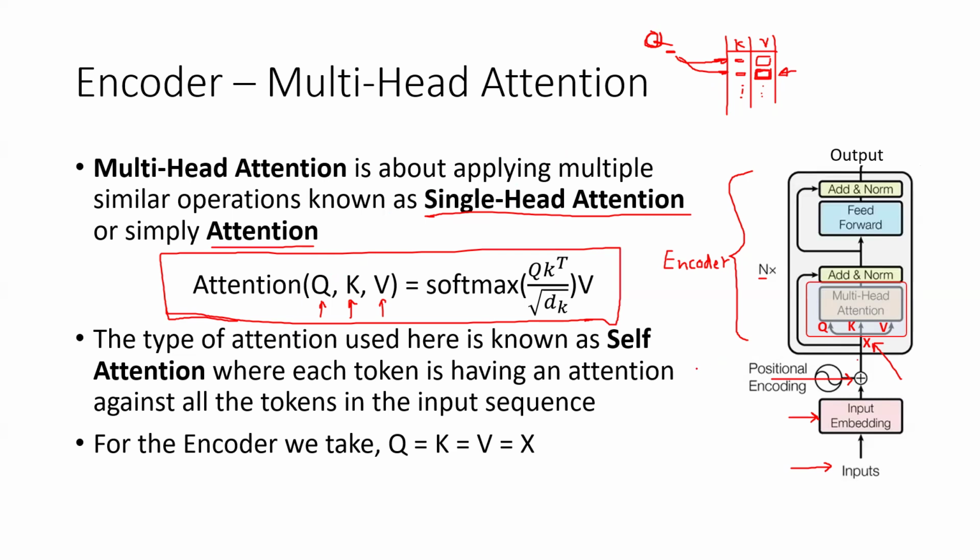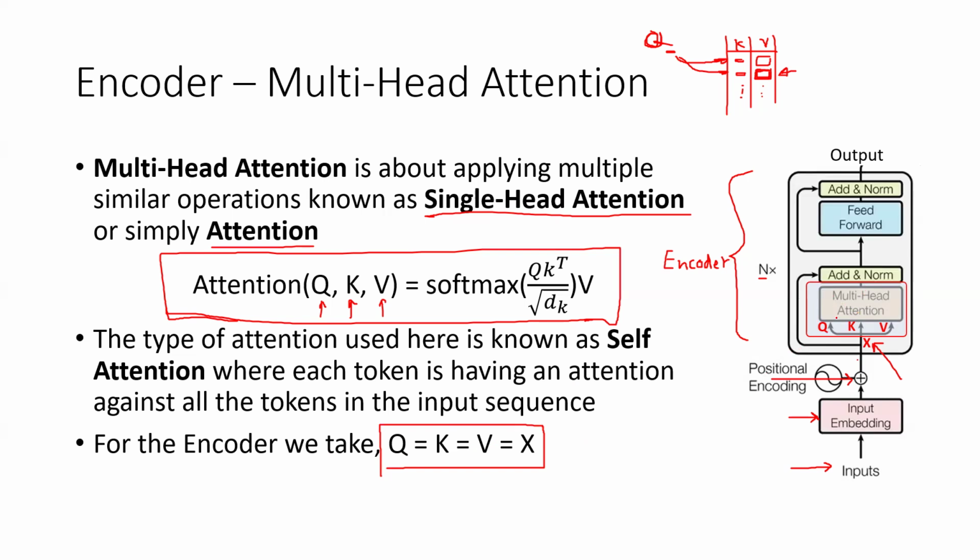Because we are using the same value x, which we have earlier calculated, for all the query, key and value, this is known as self attention. Right? So in the encoder, all the query, key and value are equal to x.